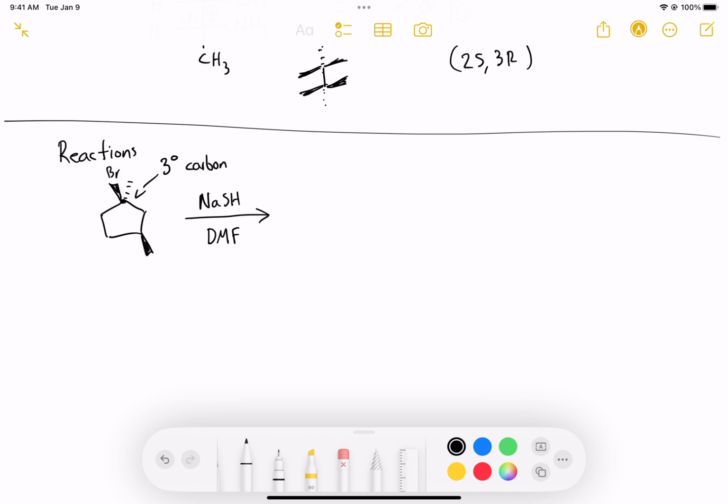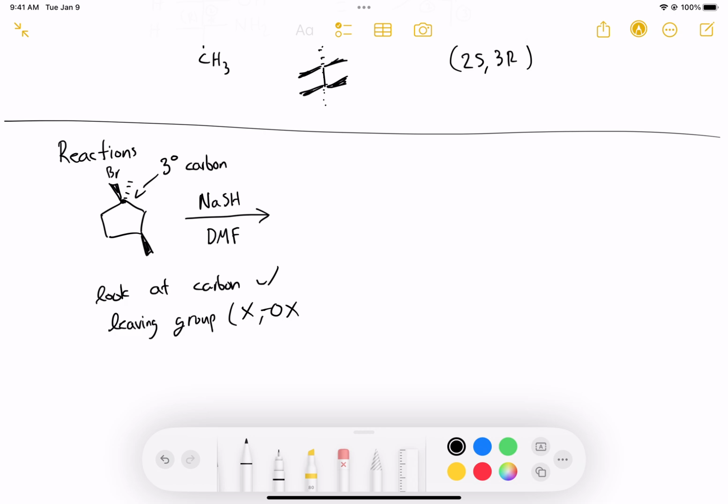So you always look at the position. So look at the carbon with the leaving group. So leaving group, you're going to always look at when it's a halogen or OX, where that's a good leaving group.